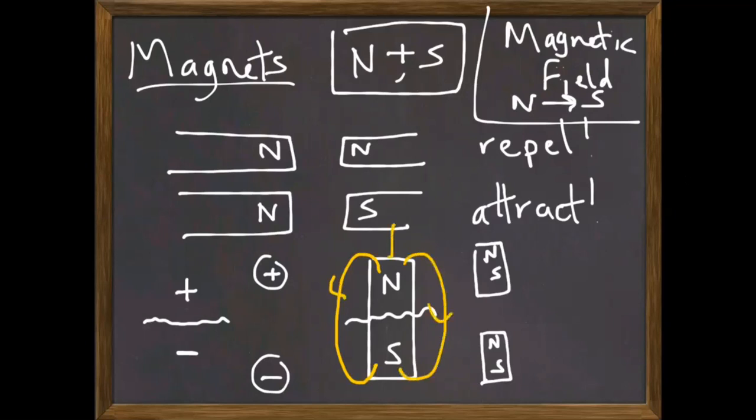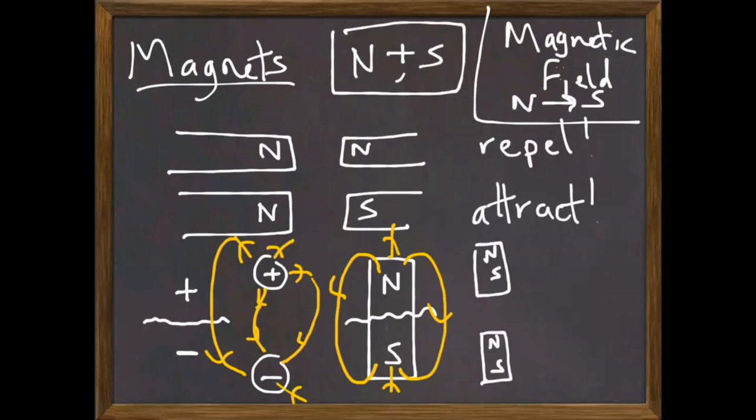And an important fact about magnetic field lines is that they never start or stop. So unlike the electric field, which can begin on positive charges and end on negative charges, the magnetic field lines have to form closed loops.